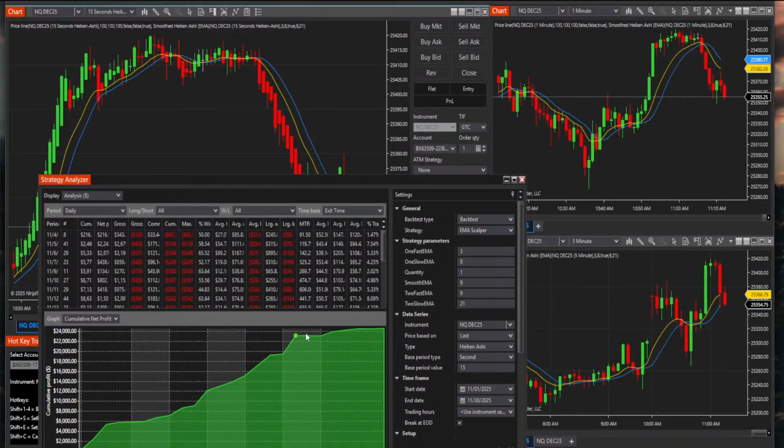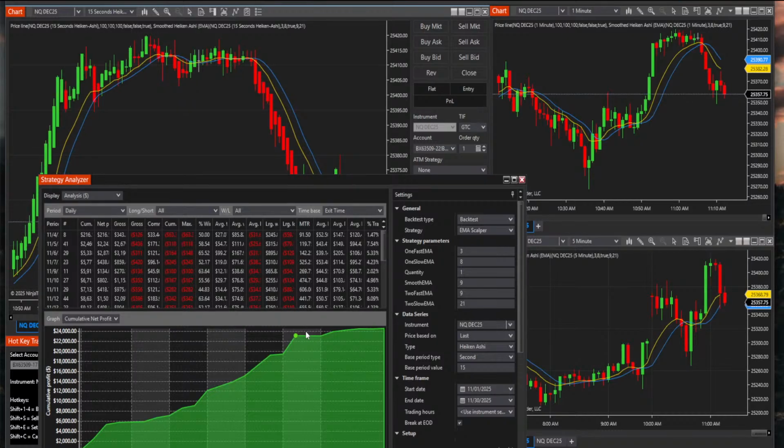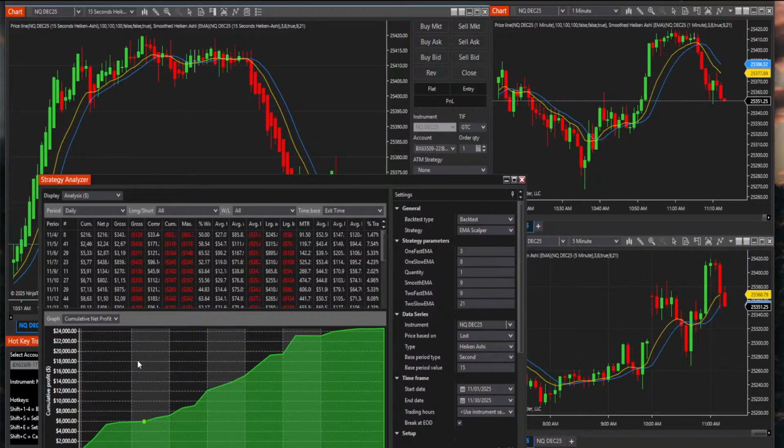As you can see, it's flattened out for a week or two. I'll be honest with you, for about the past 2 weeks, the algo has been profitable, people, but I'm not happy because I wanted this profit curve. The last couple of weeks has just been kind of blah. Market's kind of crappy.